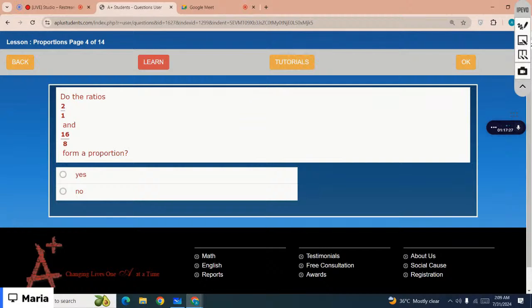Yes, they form a proportion, right? The correct option is yes, very good.